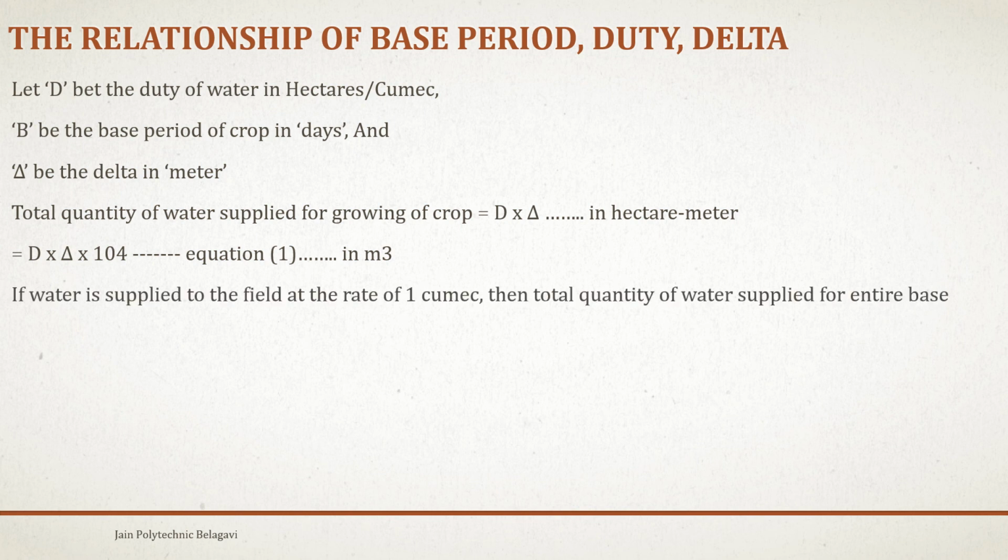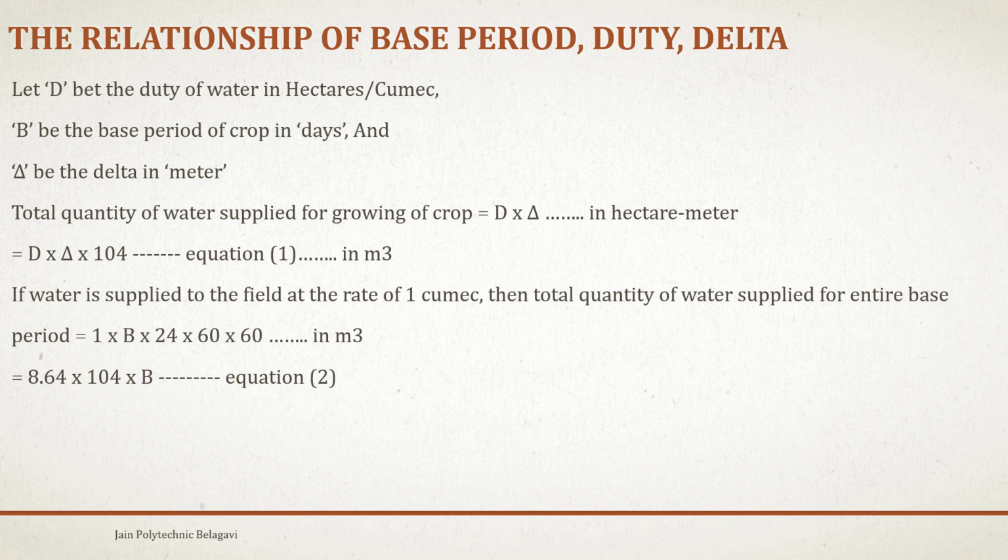Next, if water is supplied to the field at the rate of 1 cumec, then the total quantity of water supplied for the entire base period is equal to 1 into B into 24 into 60 into 60. I am just converting all the units to meter cube.